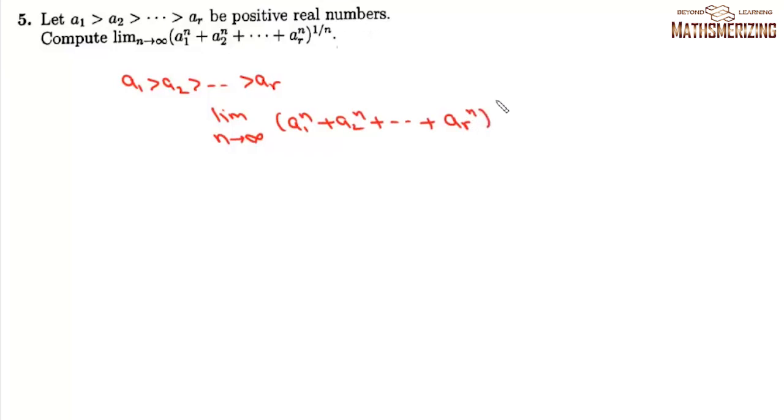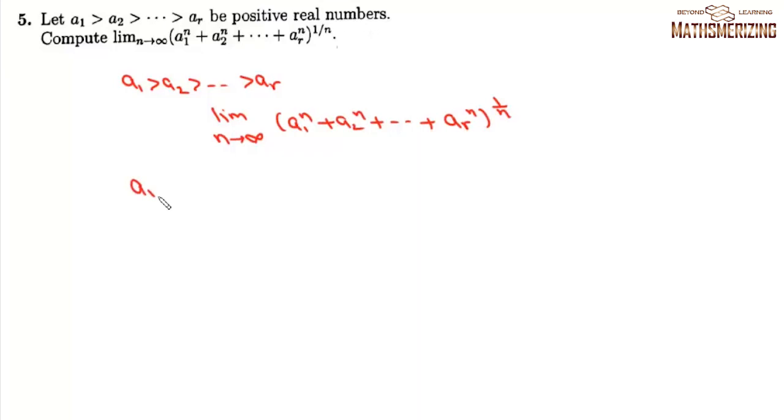Now question number 5 is, let A1 be greater than A2 be greater than AR, then we need to find this limit, which is limit n tends to infinity of (A1 to the power n plus A2 to the power n plus AR to the power n) to the power 1 by n.